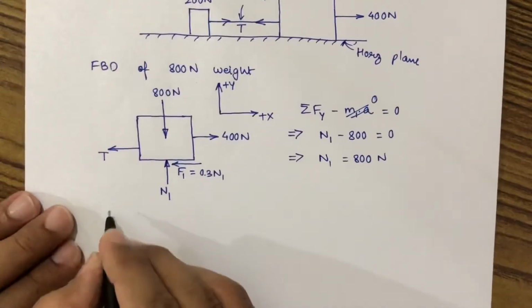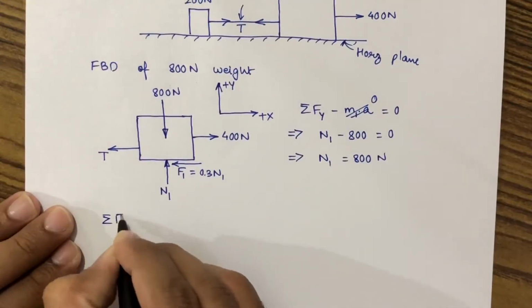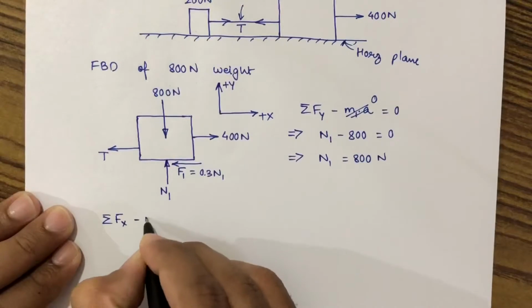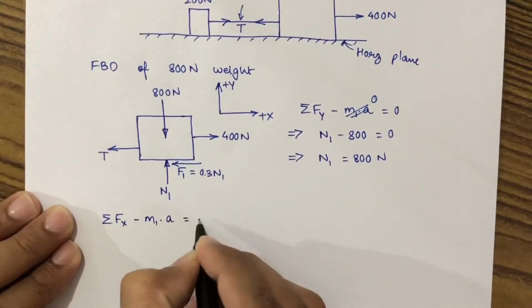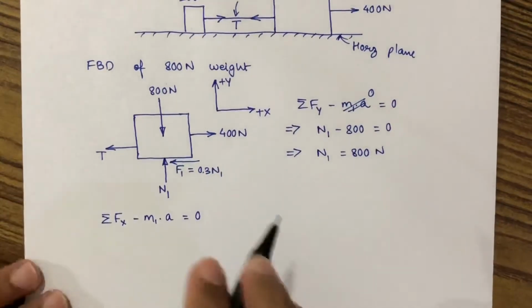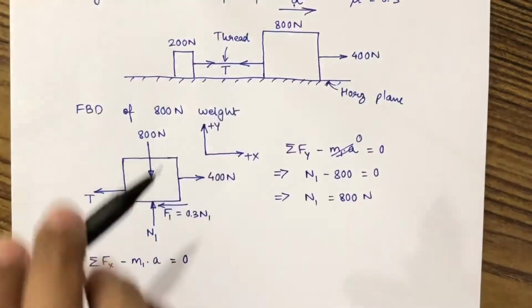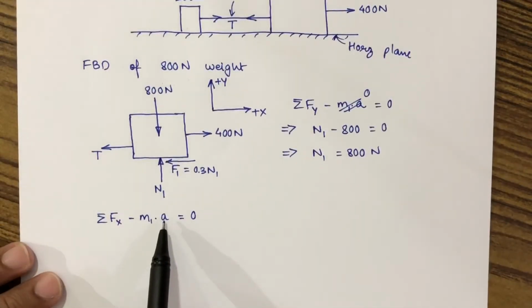The second equation for D'Alembert's is summation Fx minus M1 into A is equal to 0. Now as the box is moving in the x direction, acceleration will be there, hence this will not be 0.